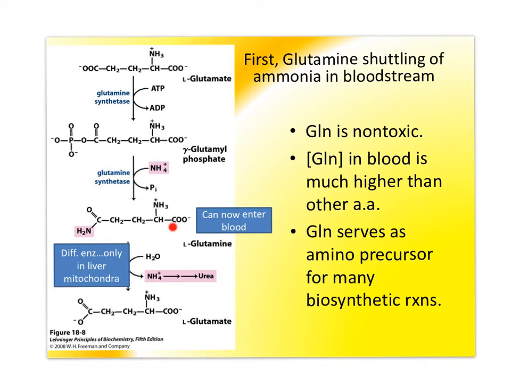Right, so then we go from glutamine to glutamate. So we start with the glutamate, and you're going to end up with glutamate, but it's only in the liver mitochondria. Which makes sense, because what's one of the functions of the liver? In this instance, it's to get rid of nitrogen.